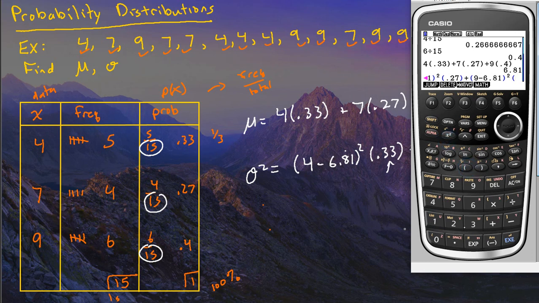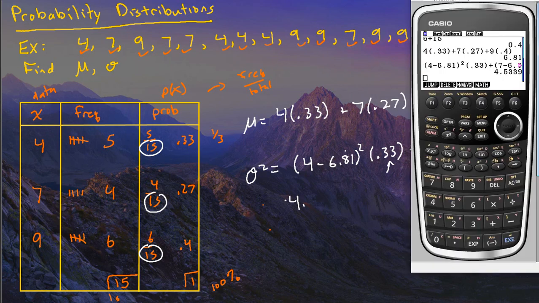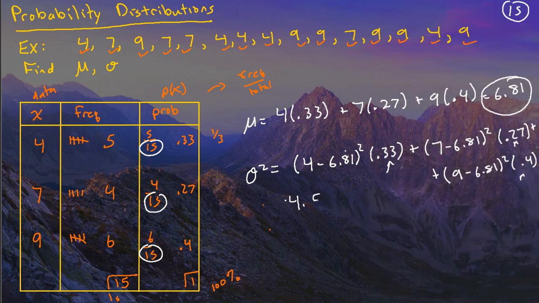Square that, and there was a 40% chance of a 9. All right, so we get a variance of 4.534 after rounding. That's our variance.